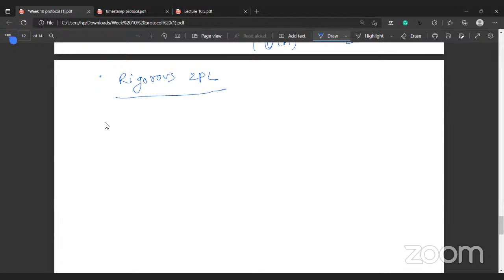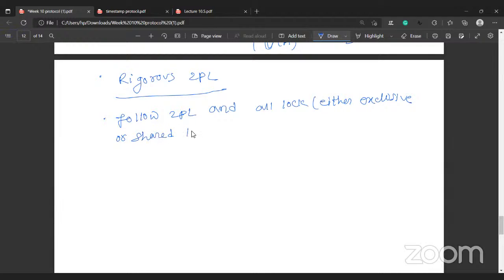What is rigorous 2PL? It follows 2PL and all locks, either exclusive or share lock, should be unlocked after the commit operation.